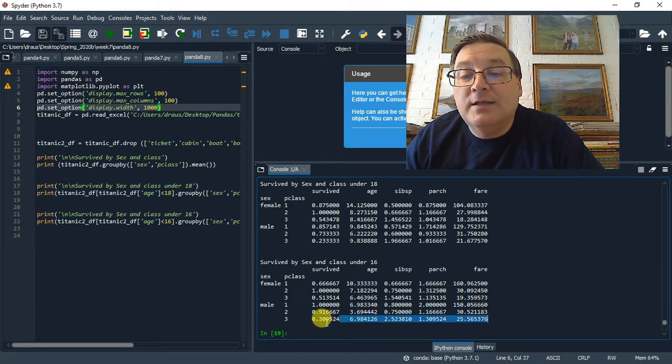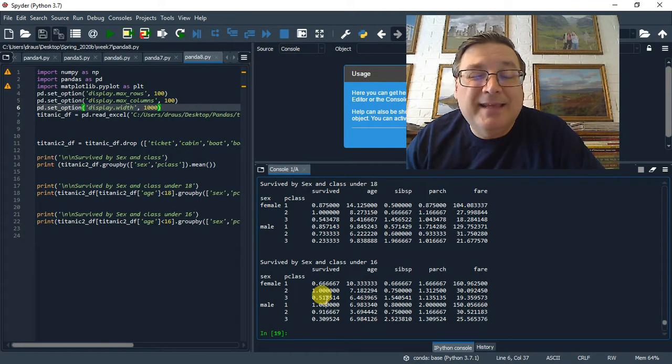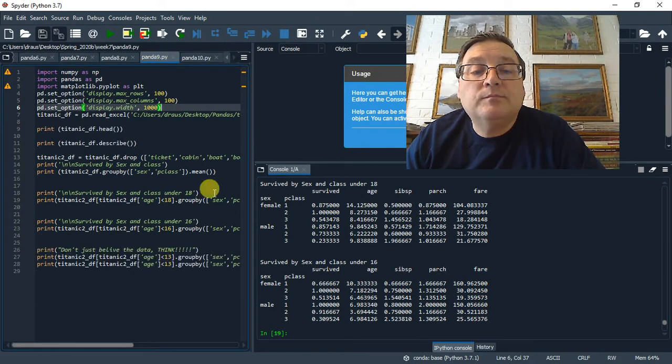Again, third class is still better, but still 30% is still not good. But you can see that 16 is probably a better indication of being a child when the Titanic was sailing than it is today. If we look even further, we can start going all the way down to 13.